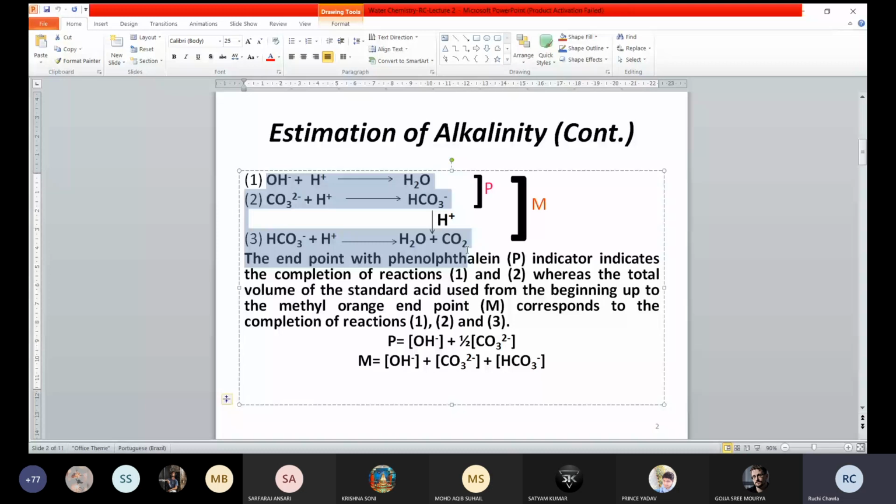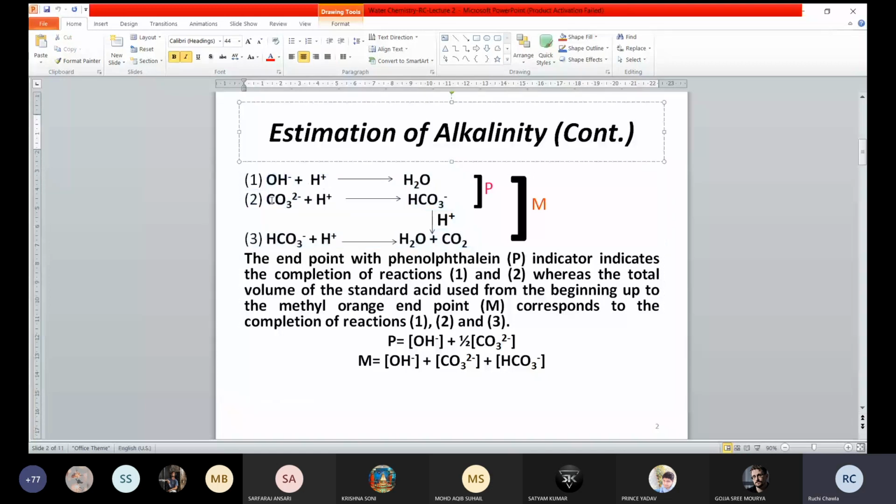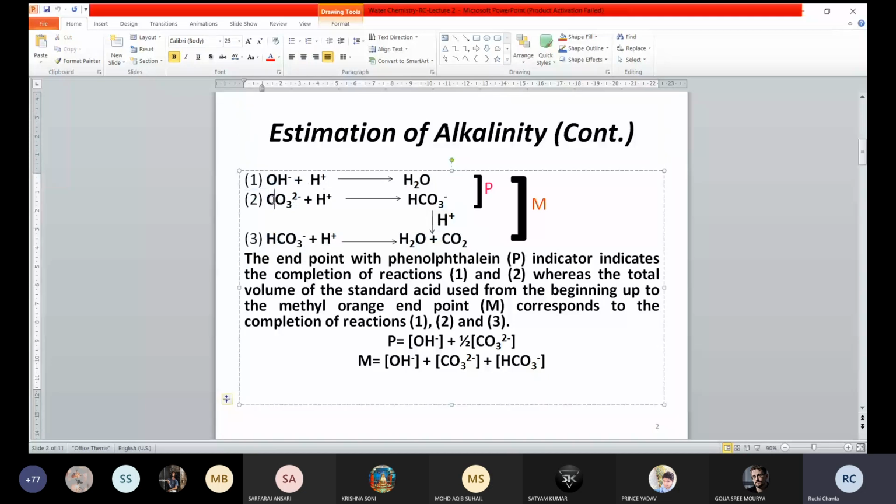That the neutralization of hydroxide is a one-step process and hydroxide ions get converted into water. Neutralization of carbonate, I told you, is a two-step reaction. In the first step, carbonate ions are converted into bicarbonate ions, and in the second step, bicarbonate ions take up the same amount of the acid which is used in the first step.